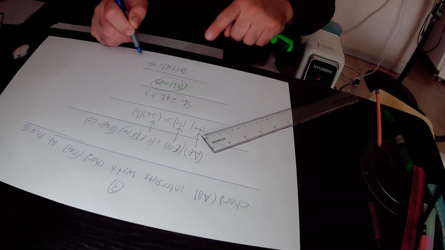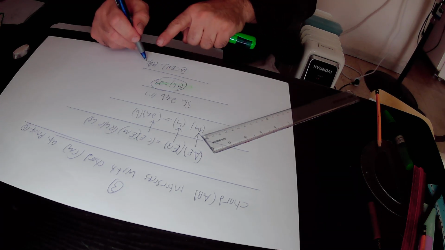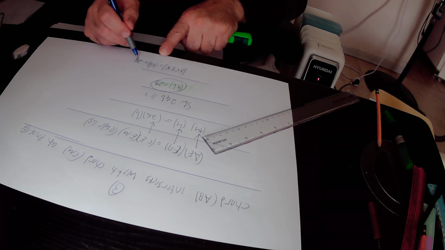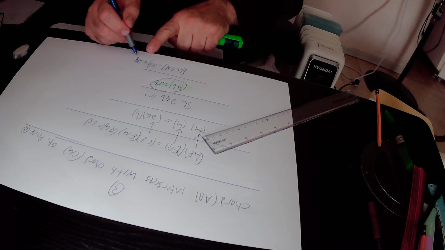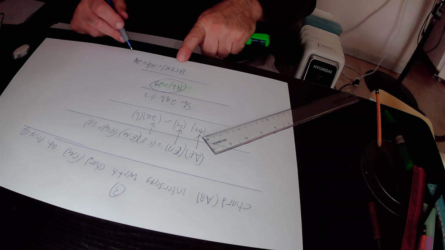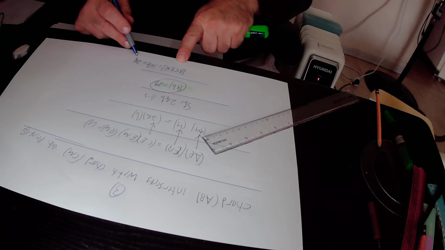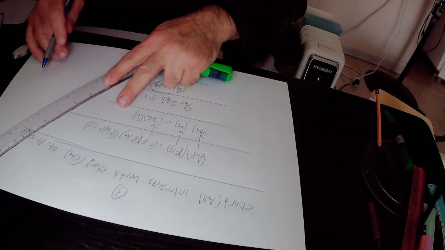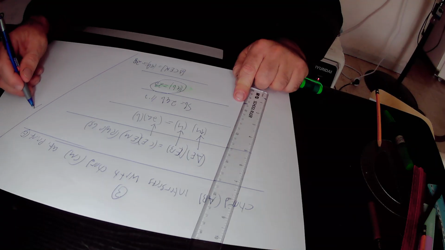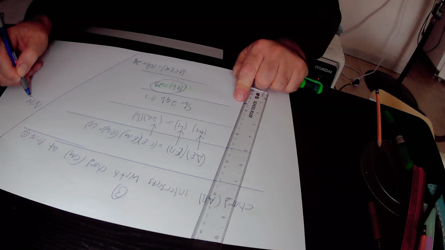But we just found out that AB equals 28, so we can write here that AB equals 28, and from this equation we derive that the area of triangle CEN equals 28 square units in size.